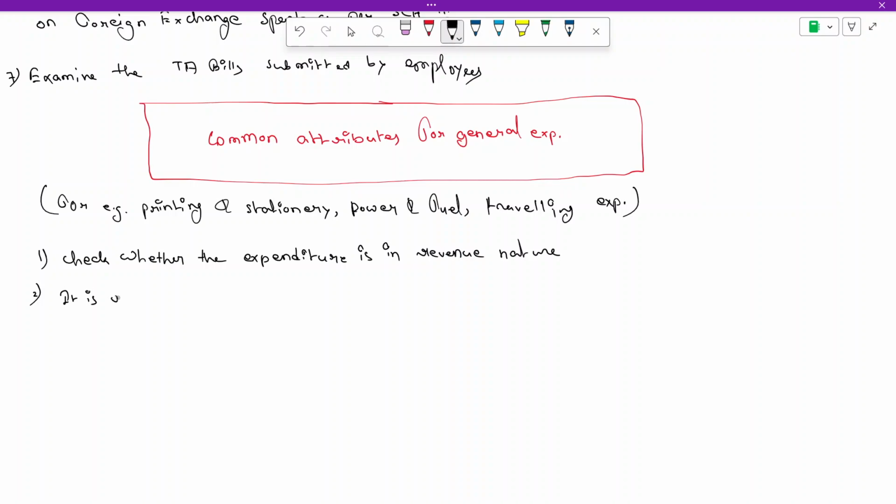It is related to the entity. It is for a proper period.